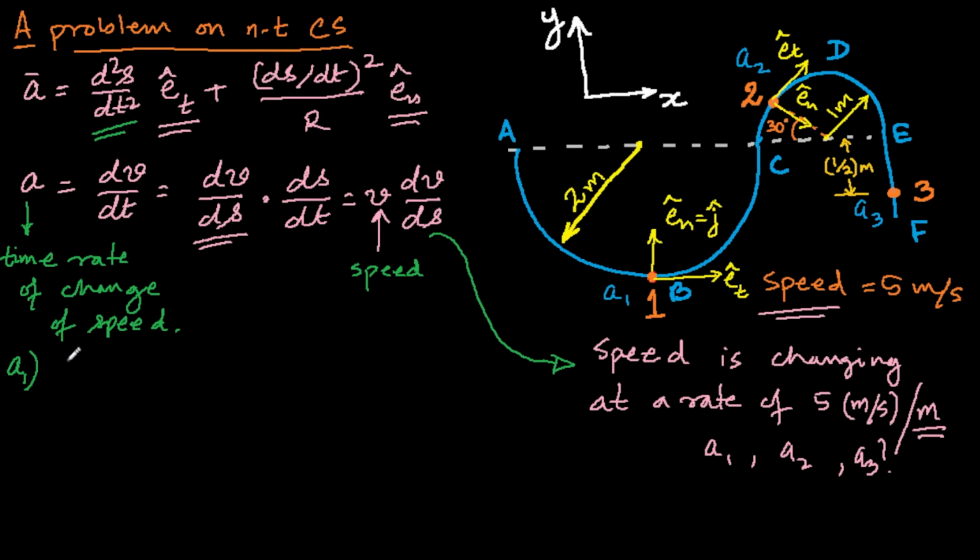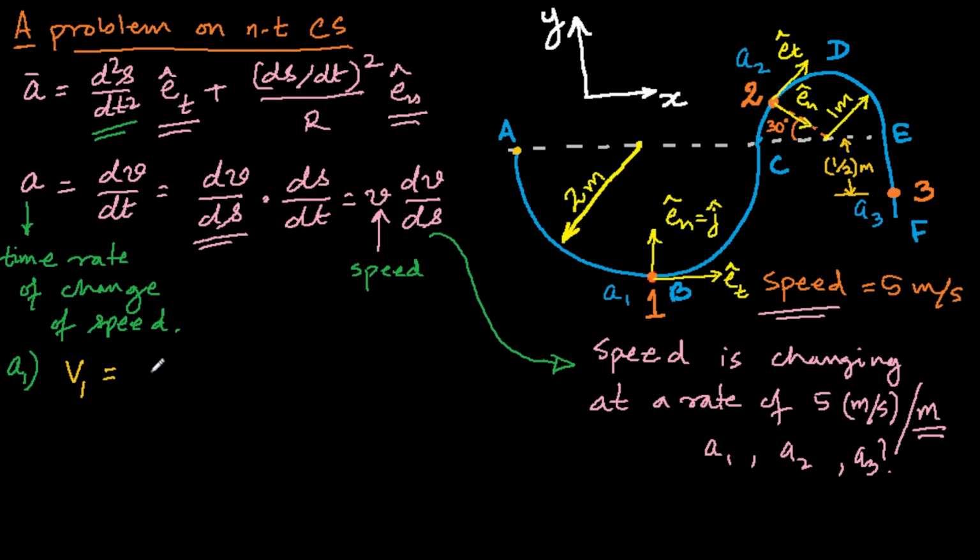So what is the velocity at 1? The point started at this point with, so that I didn't say. At the initial point A, the velocity was given to be 5 meters per second.